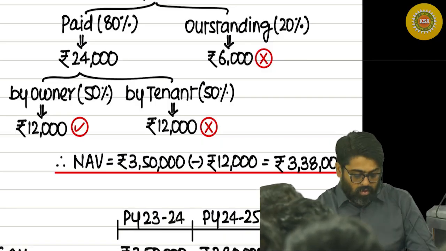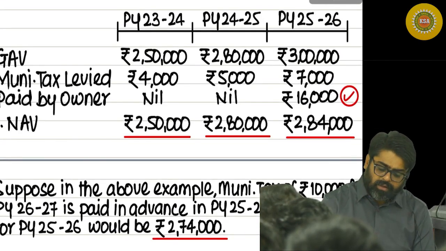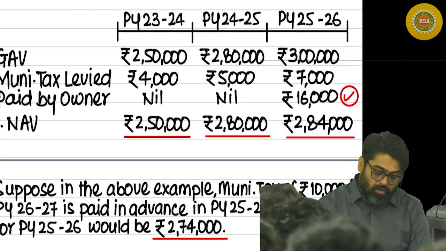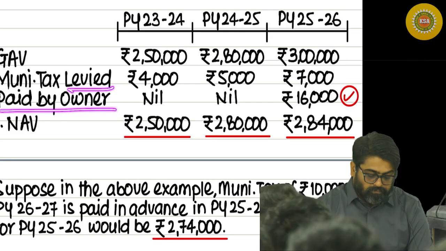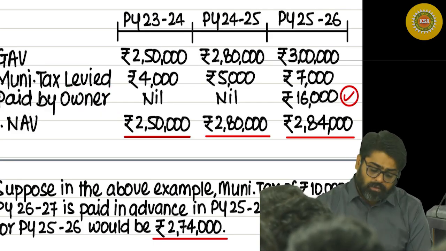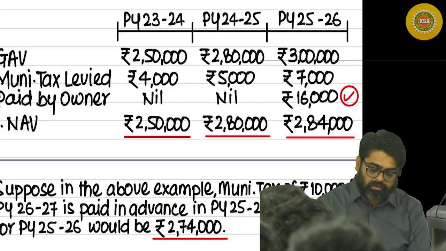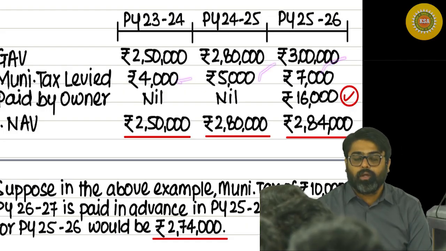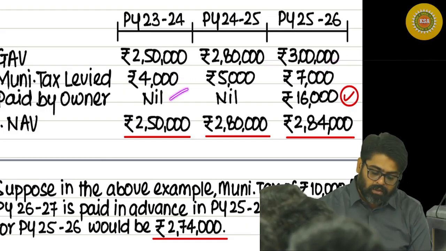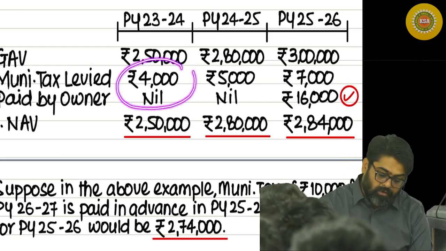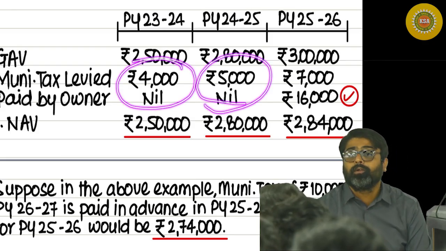Yes or no? Okay. Now, for different years, GAV is calculated. Now, municipal taxes levied are 4,000, 5,000 and 7,000. For every year, this is the amount of municipal tax. And how much is the owner paying? Nil. In the first 2 years, no municipal taxes were paid, even if 4,000 was levied and 5,000 was levied.